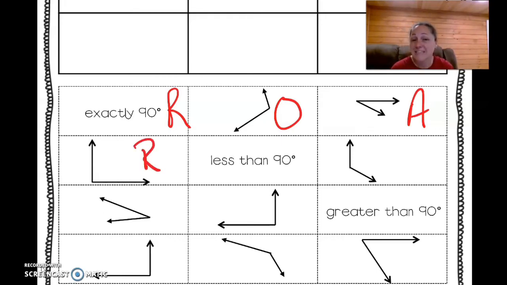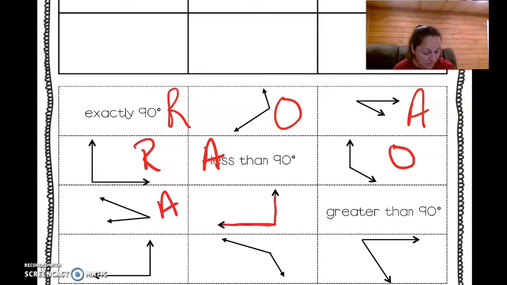I see the next one says less than 90. Anything less than 90 is, oh, he's so acute. And give him an A. This one here, you can see he's like, whoop, he's falling out the bottom. So he is obtuse. Then I have my cute little one again. Oh, he's so acute. That's an acute angle. Then I have a 90 degrees. You can see him.